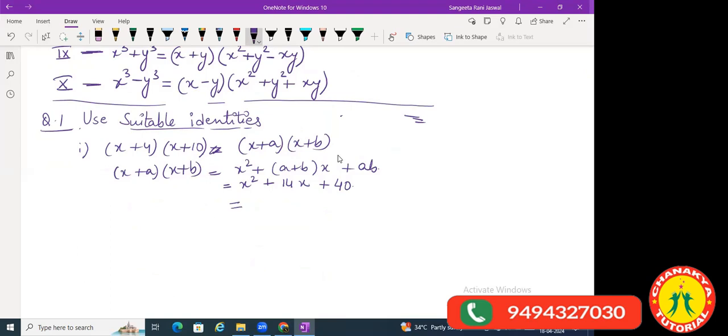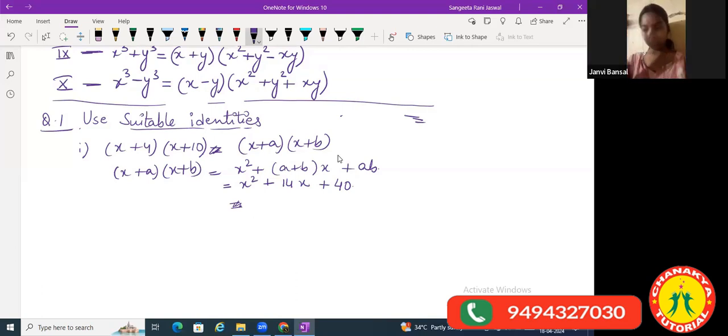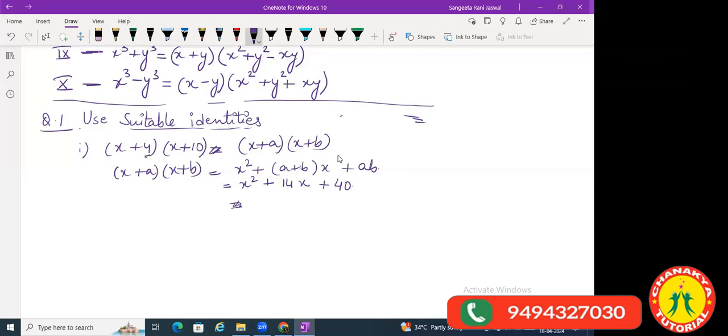It's just said to use a suitable identity to find the product. So this is the product. We are not asked here to find the factors. Suppose we were asked, we already know the factors here: x plus 4 and x plus 10 are already the factors.